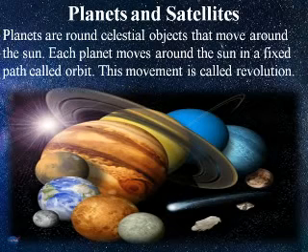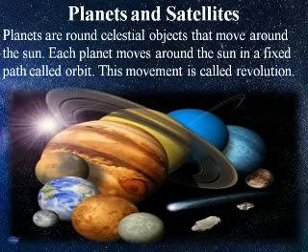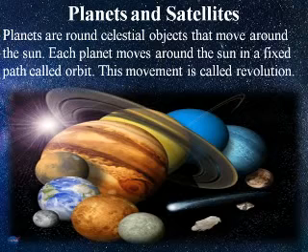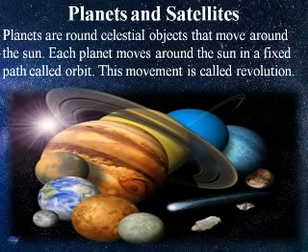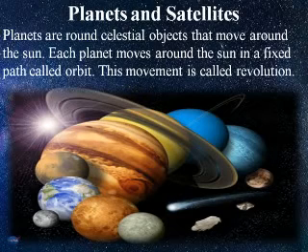So, children, planets move around the sun. Okay? All the planets move around the sun and each planet has a fixed path called orbit. They move in a fixed path around the sun.